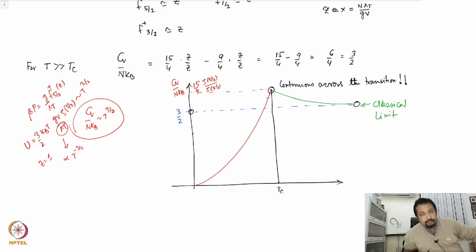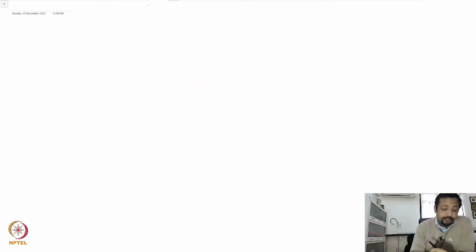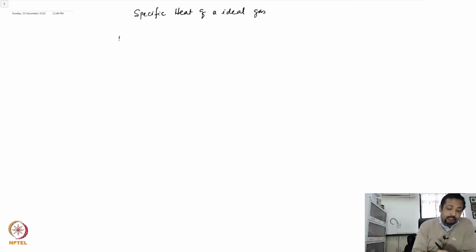That is the Dulong-Petit's law. The specific heat of an ideal Bose gas for T less than Tc goes as T over Tc raised to the power 3/2.